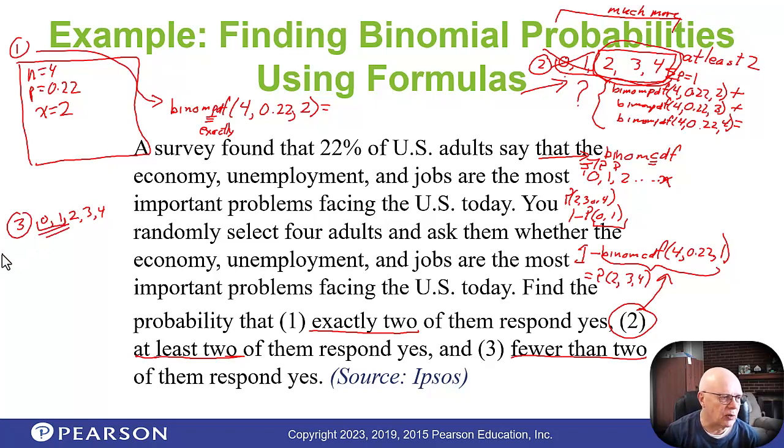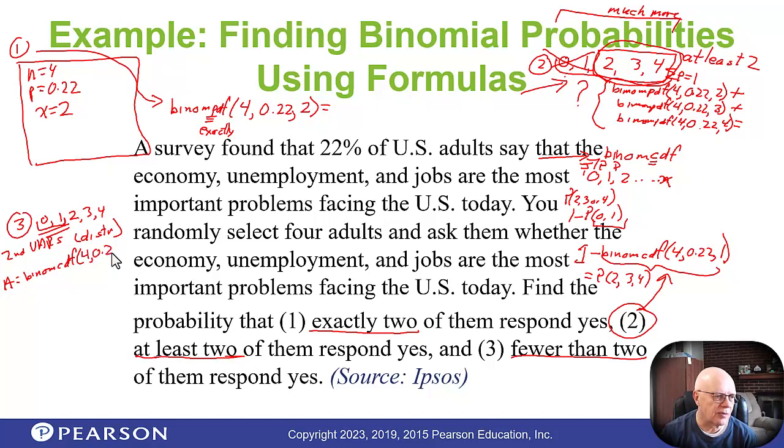So all we need to do is go to second, bars, which gets us to the distribution menu. And we're going to pick out binomial CDF. And we're going to put the numbers in we need. We're going to have 4 trials.